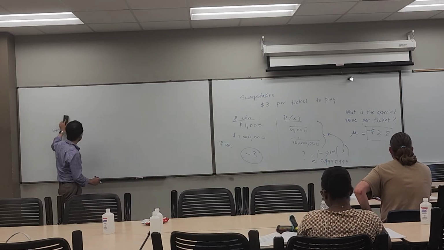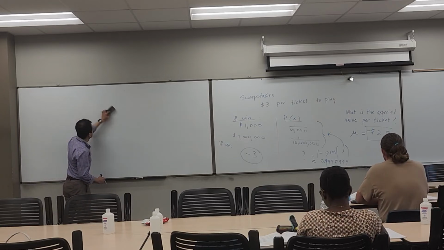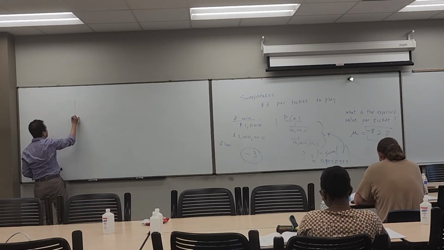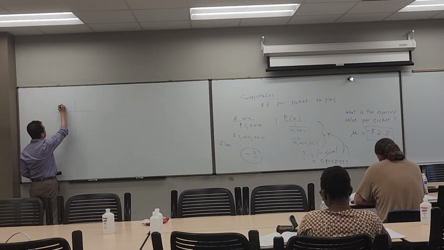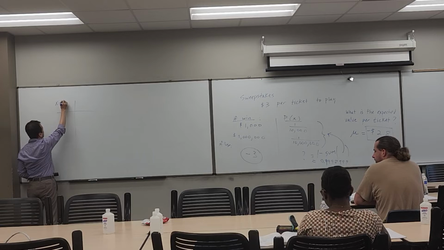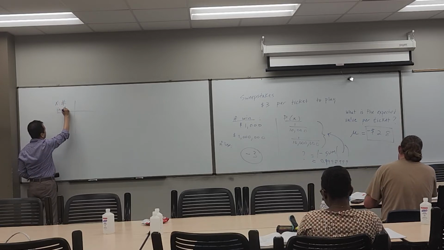So we talked about how to find the mean of a probability distribution. So if you had a probability distribution, let's go back to the numbers in a hat example. So x here represents the number in the hat.